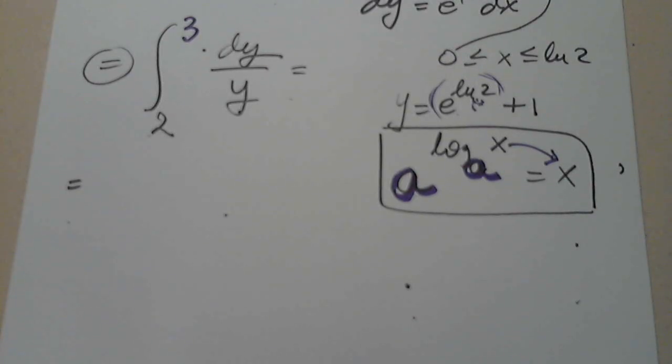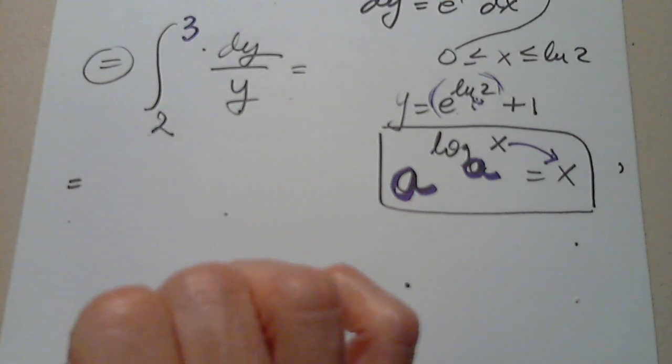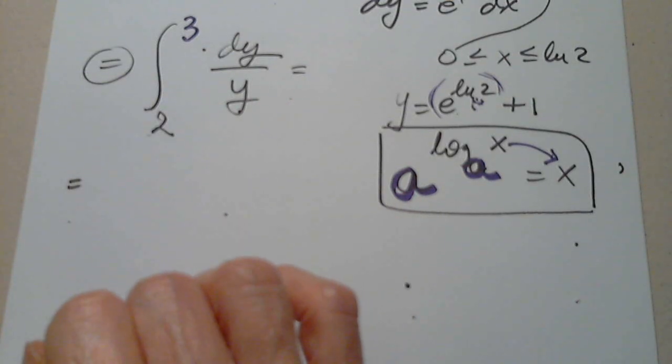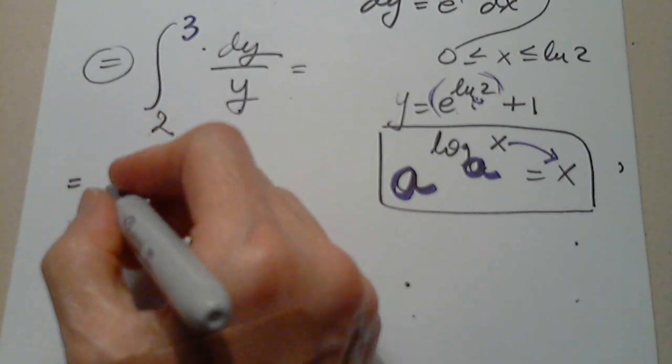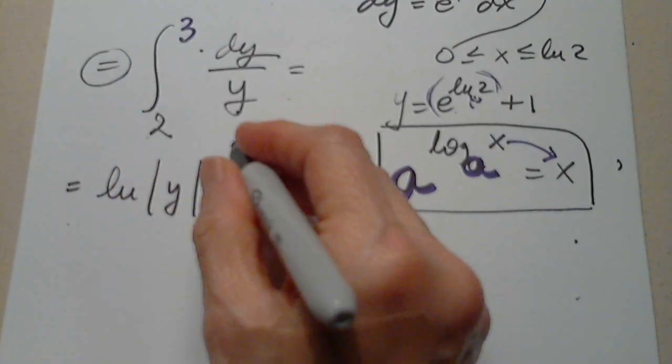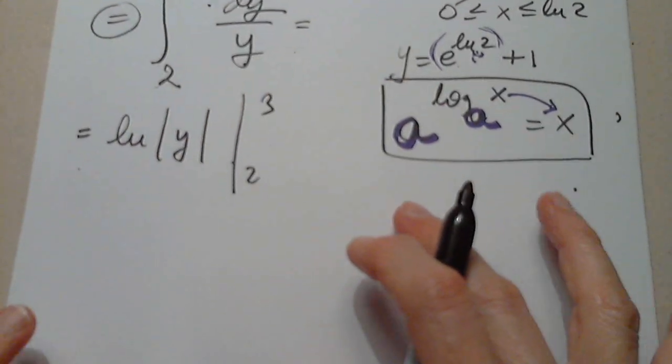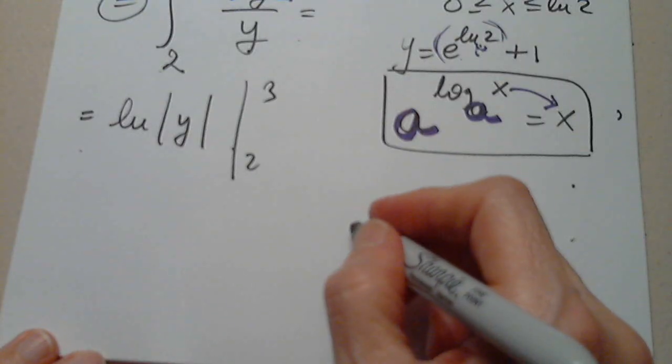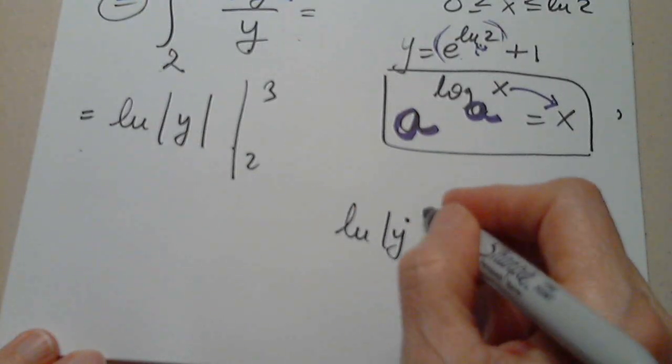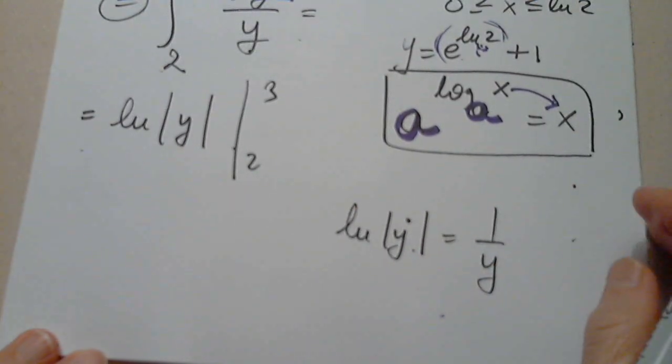We need a function whose derivative is 1 over y. Say it again. e to the negative 1? No, this is natural log of the absolute value of y from 2 to 3. So please remember, the derivative of natural log of y is 1 over y.